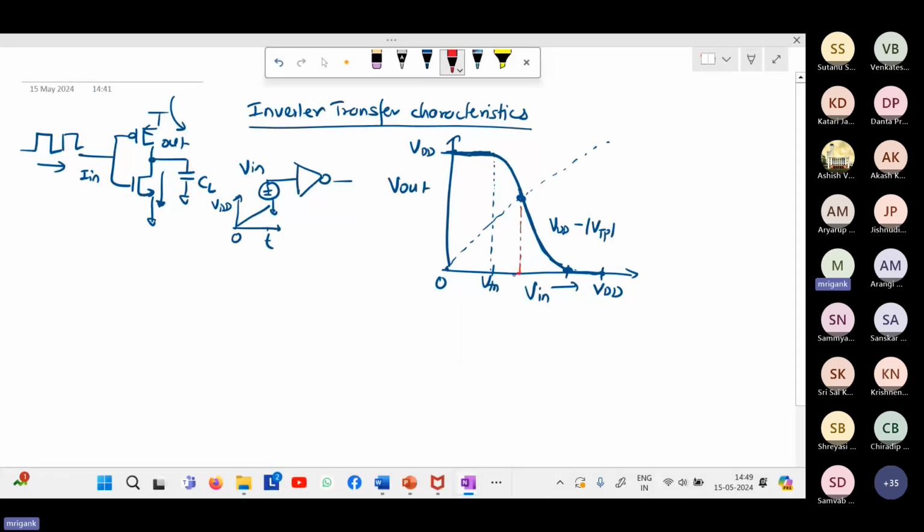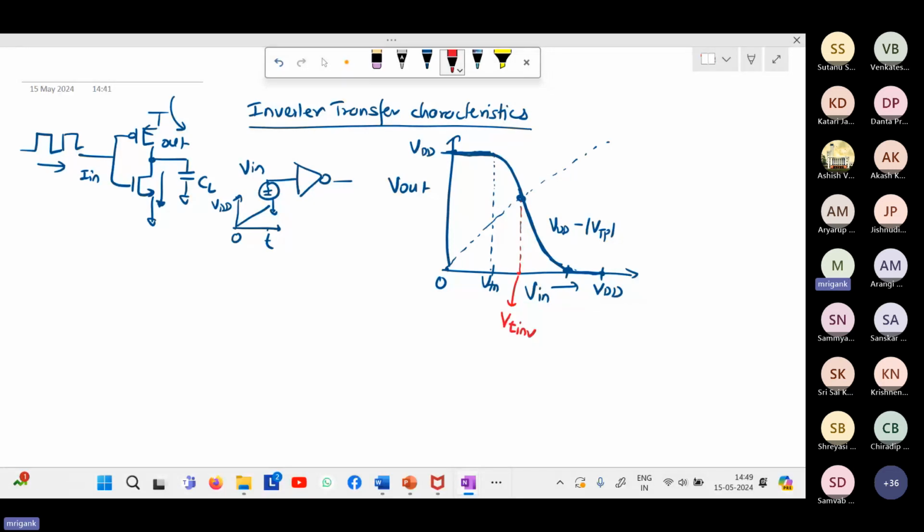This point, I can call it VTINV, whatever. You can name it whatever. But this is the inverter trip point at which the V out becomes equal to V in.